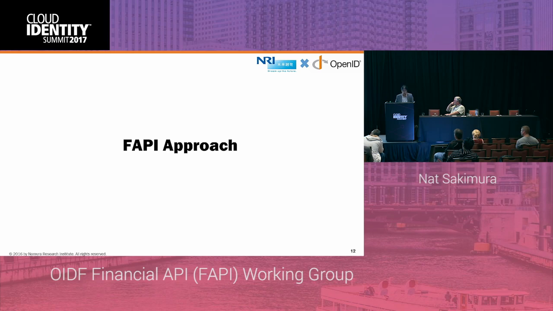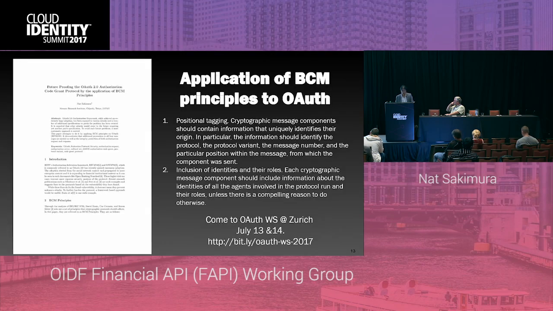The FAPI approach is to apply BCM principles to OAuth. The BCM principle is something I have named after Basin, Cremers and Meier's paper. They have worked on some of the cryptographic protocols in ISO to understand what is actually needed for cryptographic authentication protocols, and I've just picked up those principles there.